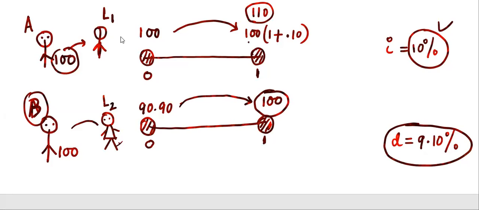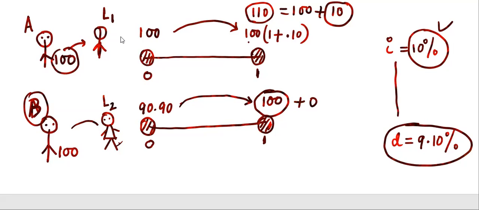This 10 extra is the interest amount on this loan. But this guy B will not get anything extra, zero extra here, because he has already given 9.10 at the start. That means 9.10 at the start is equivalent to 10 at the end. That is what you need to understand.